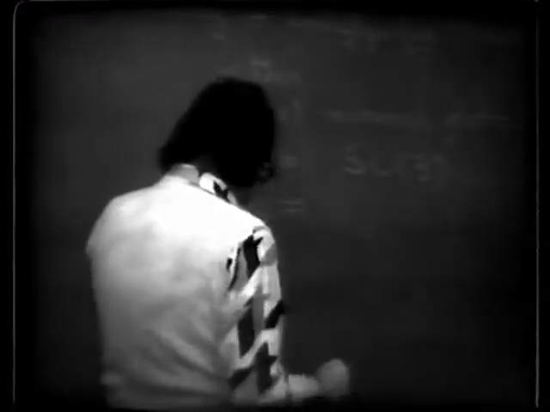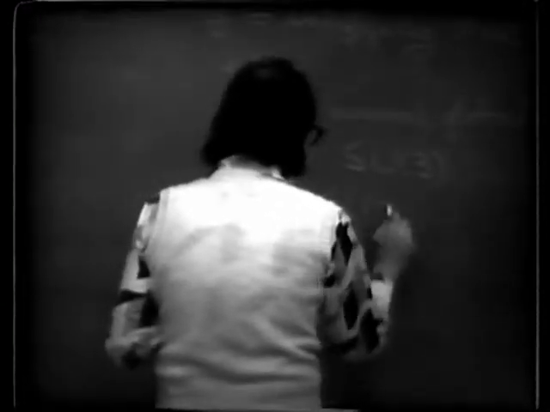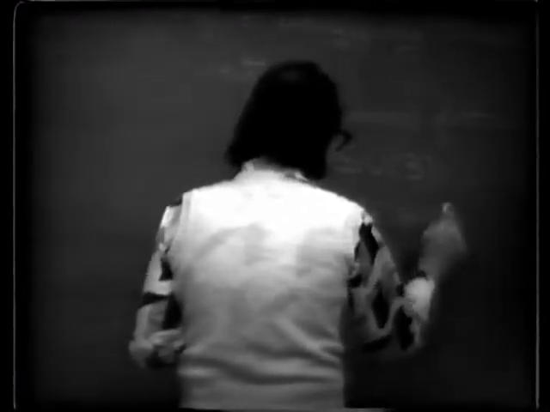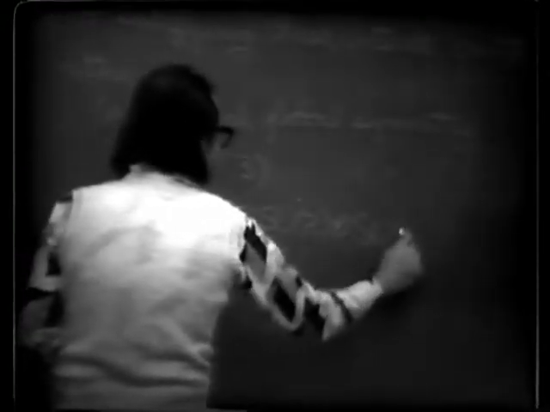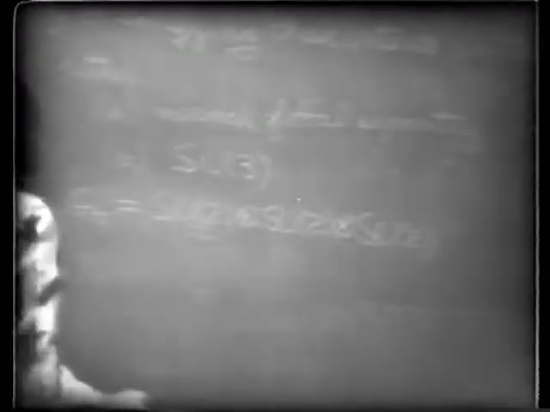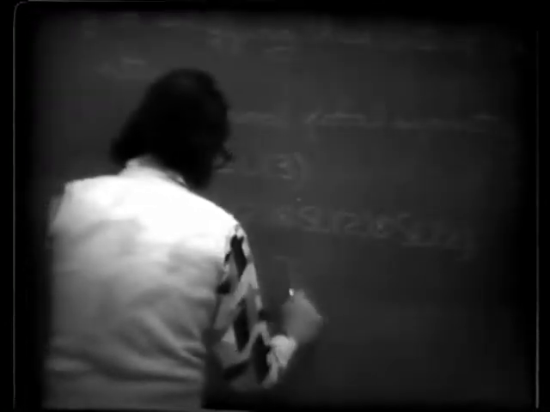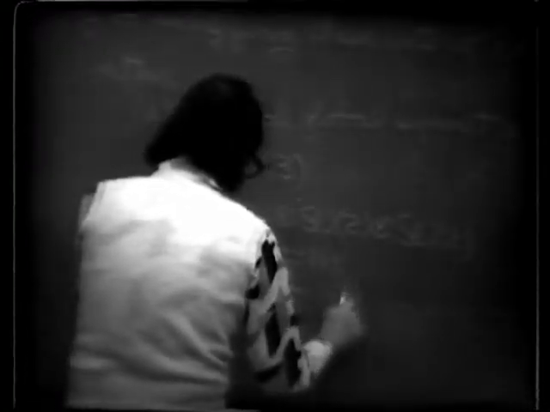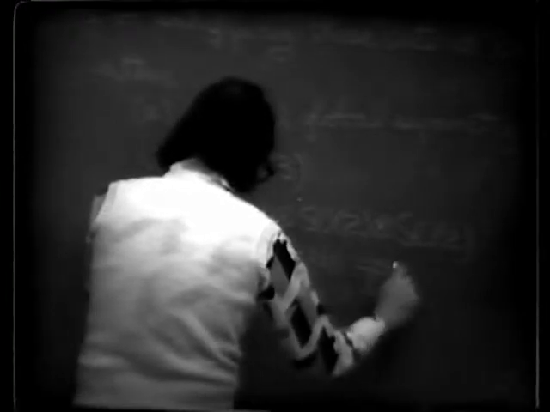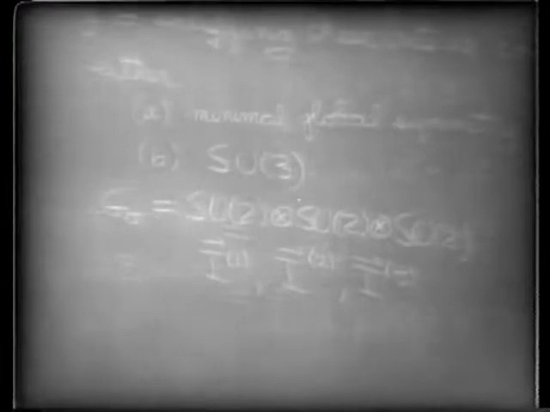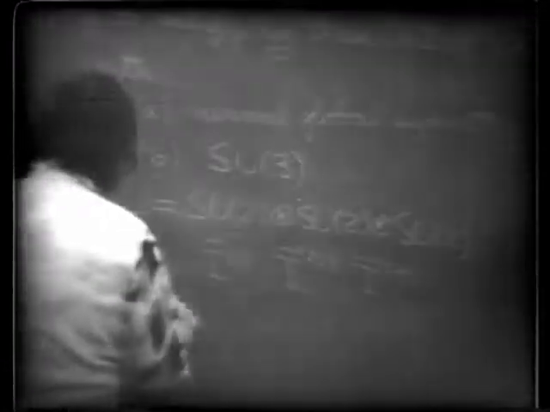G0 is the product of three SU2 factors. That's why people guessed it, because at that time the only group they knew was isospin. Thus, its generators can be written as three commuting triplets of isospin generators, I1, I2, and I3. I will now describe how the isospin and hypercharge subgroups are embedded as a subgroup.